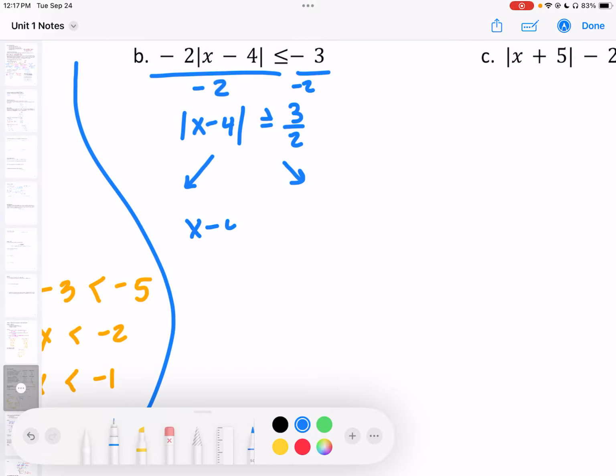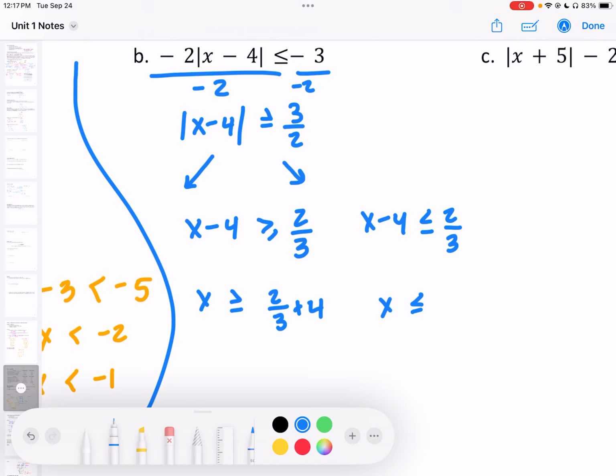So we have x minus 4 greater than or equal to 2/3 and x minus 4 less than or equal to 2/3. Then x is greater than or equal to 2/3 plus 4, and x is less than or equal to negative 2/3 plus 4.